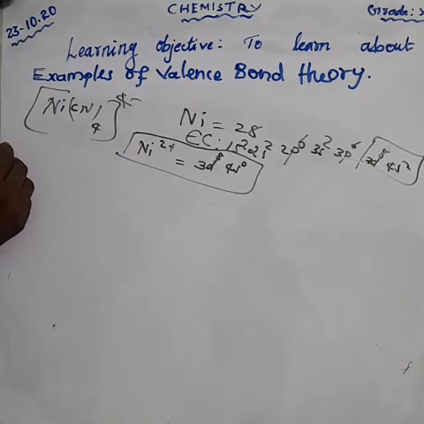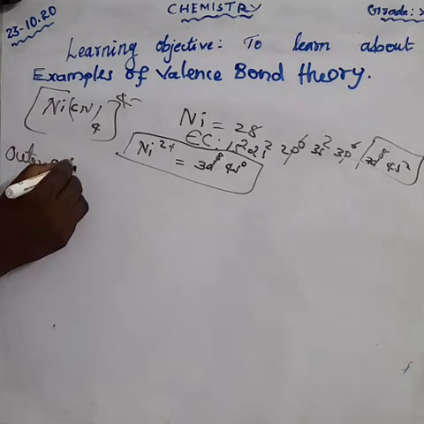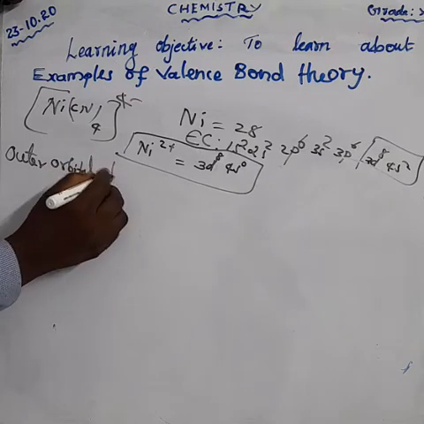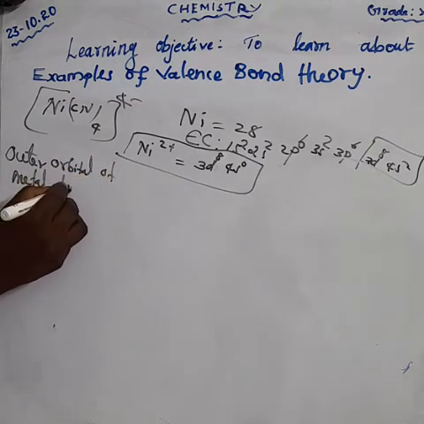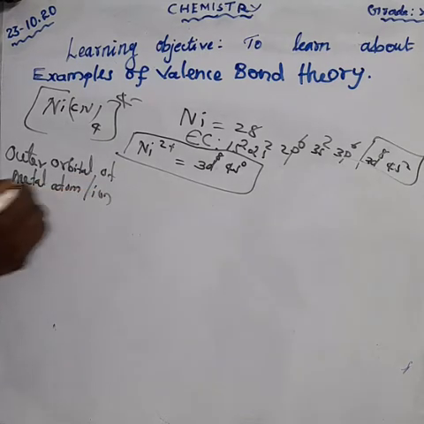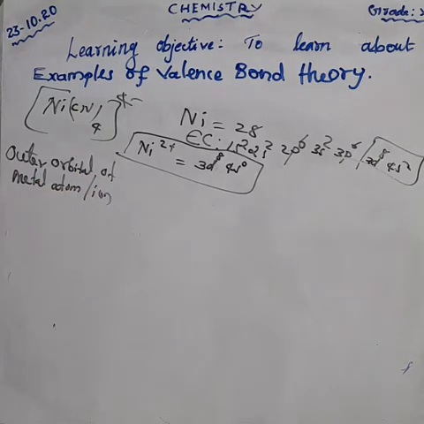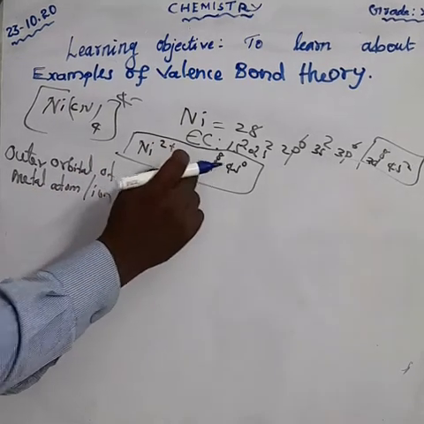So we should write the outer orbitals of the metal atom or ion. How do you write the outer electronic configuration? First you write 3d8.